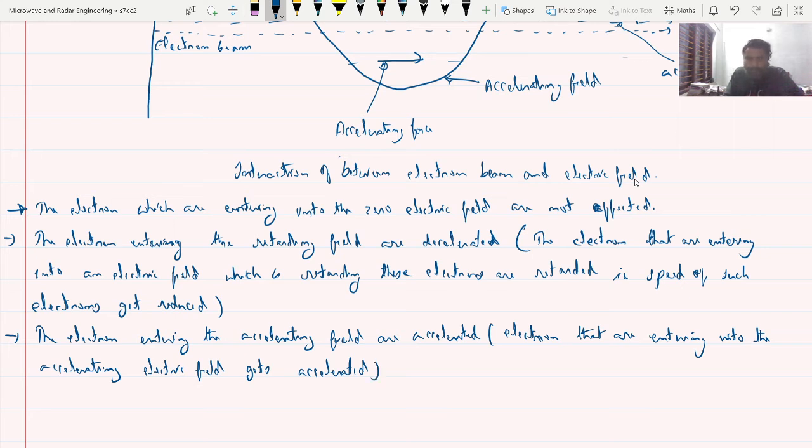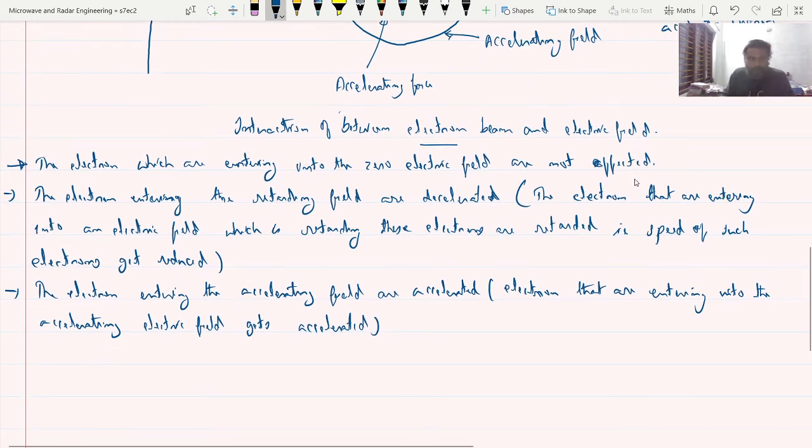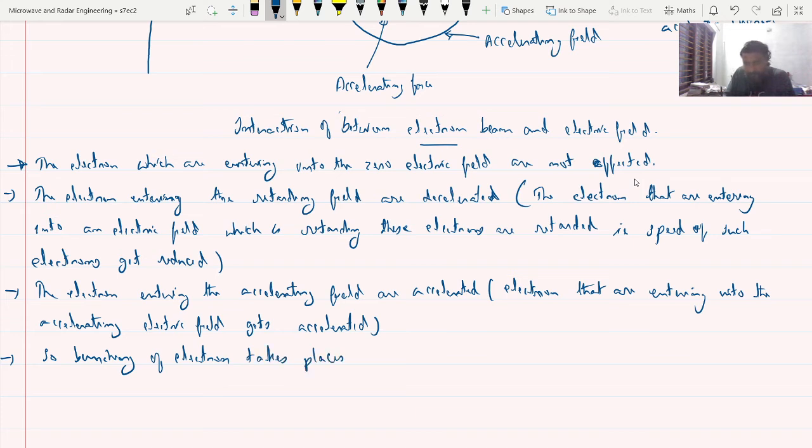So what happens? The bunching of electrons takes place. That phenomenon is shown in the above figure.